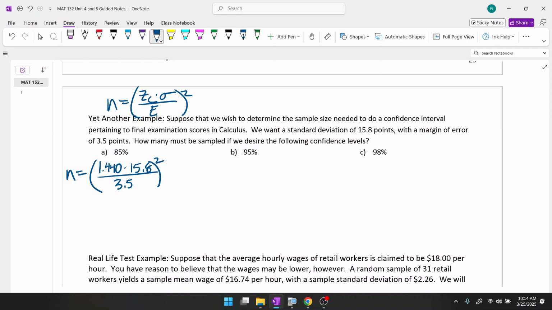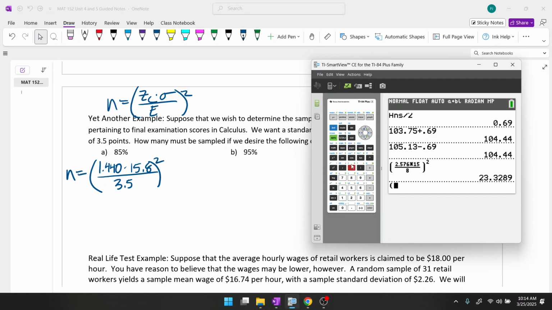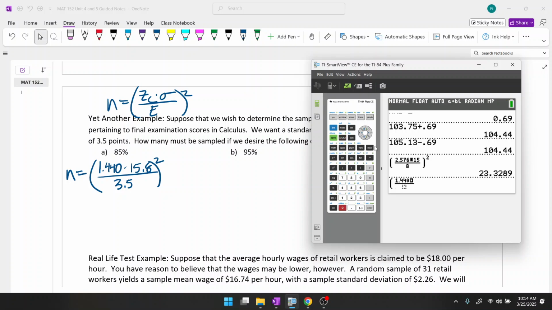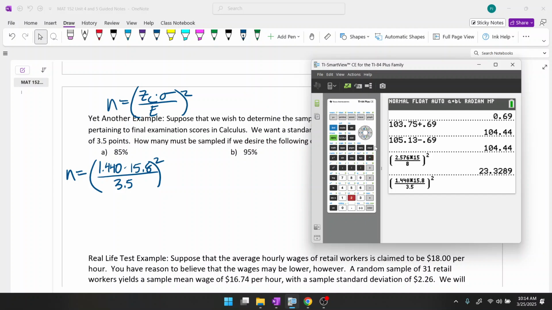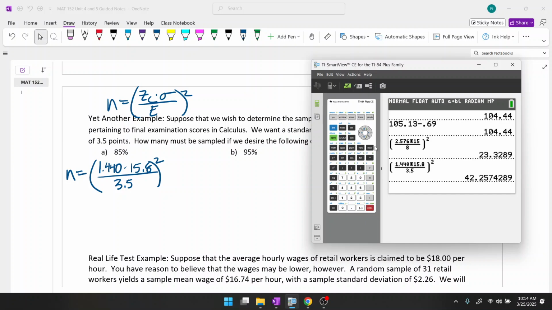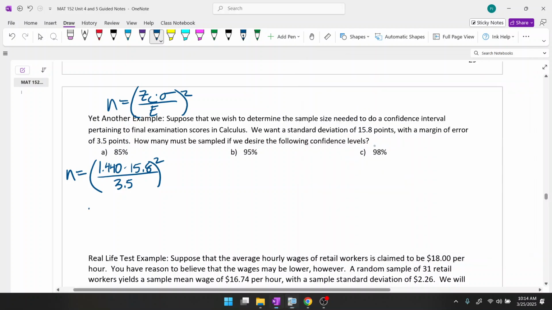Open up a parenthesis and type this out, 1.440 times 15.8 over 3.5. We get 42.25, but it has to be 43.